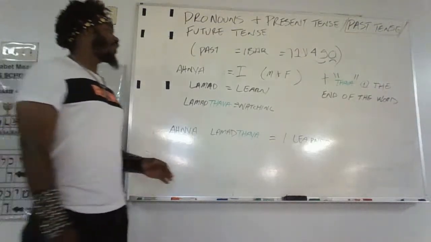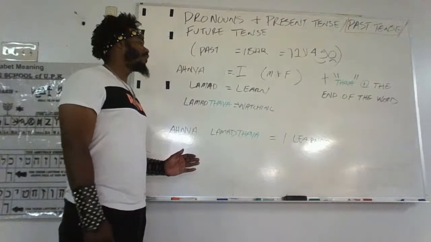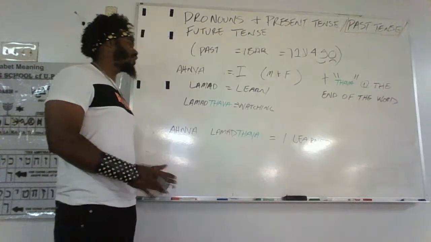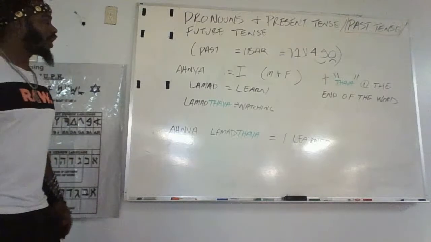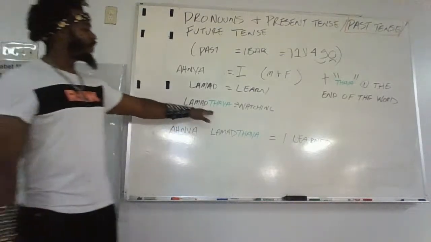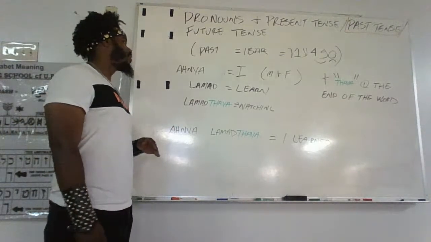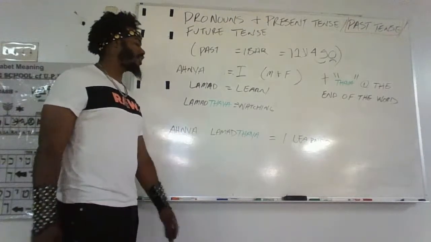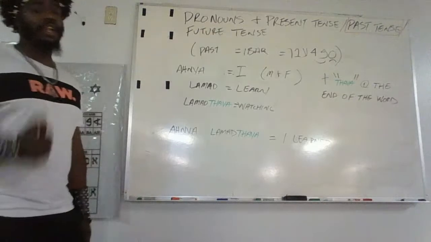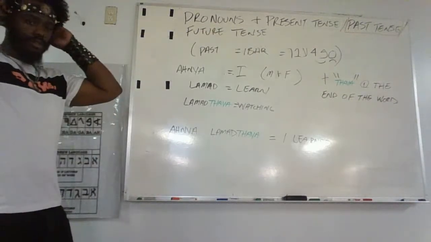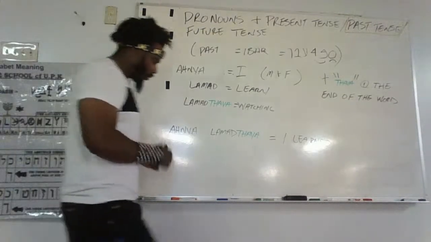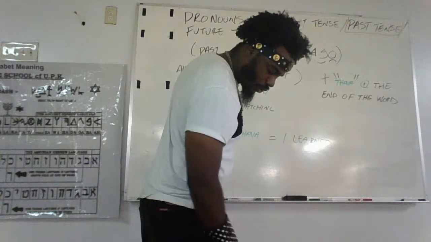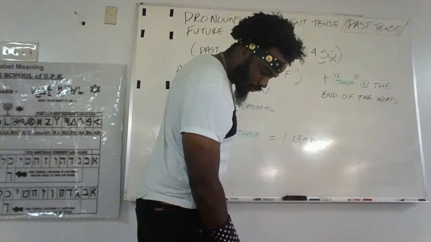So in the case of singular or third person, not plural, you would add a ya at the end. So the sentence is Anya lamad ya, which is I learned, past tense. Okay. All right. Now we're going to move on to the next one.